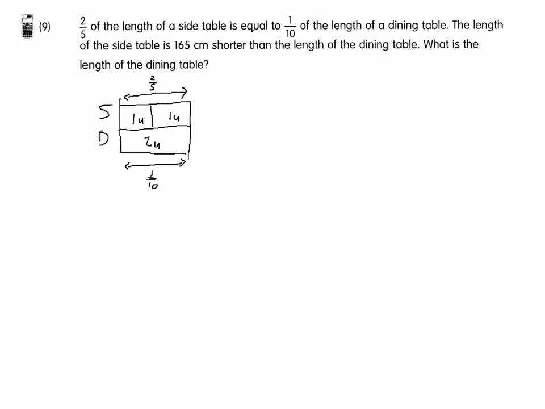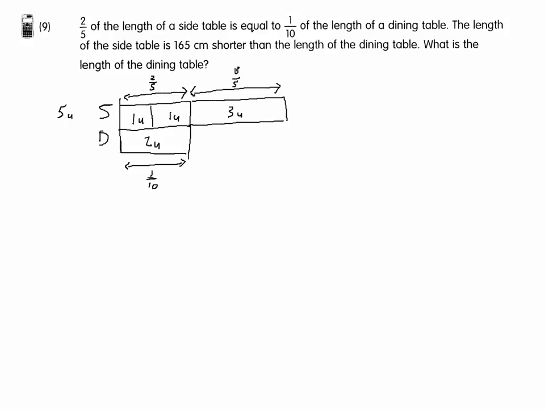Because now I'm having 2/5. I need to have the rest of my 3/5, yes or no? Okay, I have my 3/5 here. And 3/5 is how many units, Danish? So altogether, 5 units, right? Now, for my dining table, you know 1/10 is 2 units.